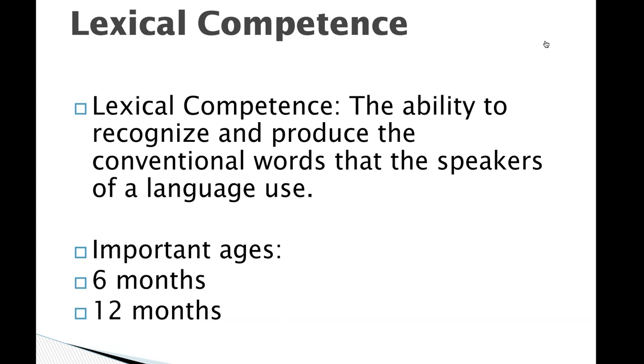They'll be able to know what a dog is, what a cat is, what food is at 6 months. And then they'll be able to actually use words at around 12 months of age. So usually kids will speak their first word a little bit before or around 12 months, but they are able to understand and comprehend some words as early as 6 months of age.